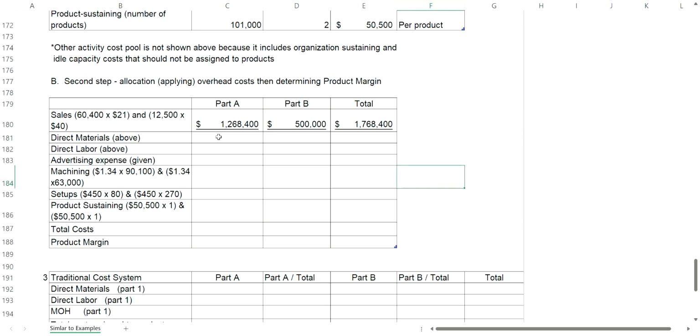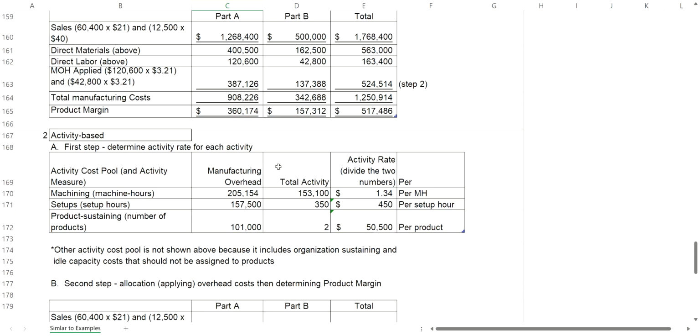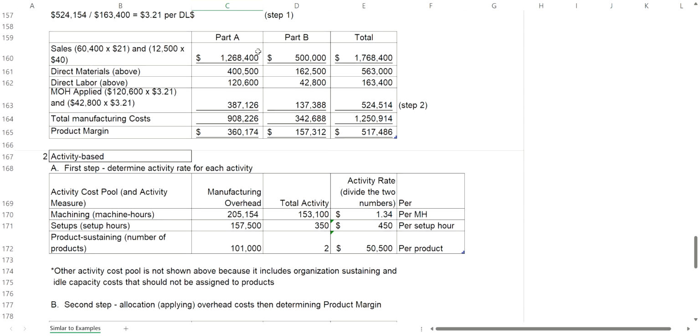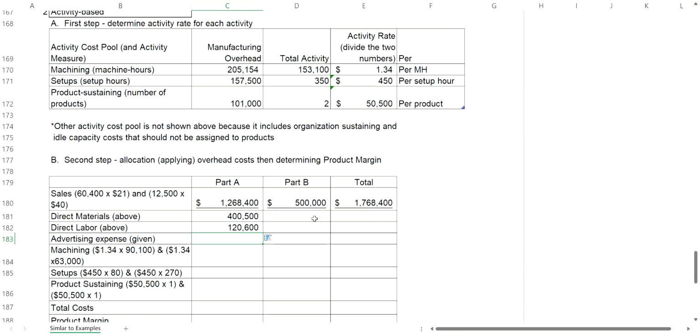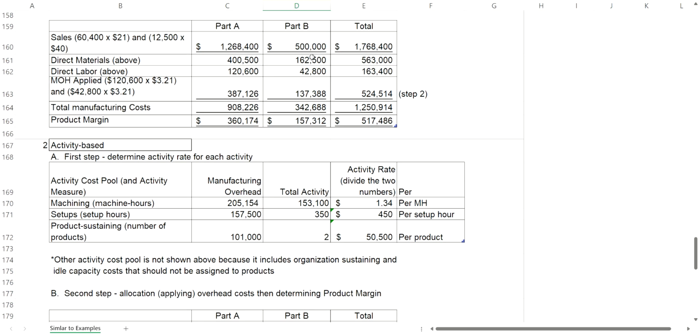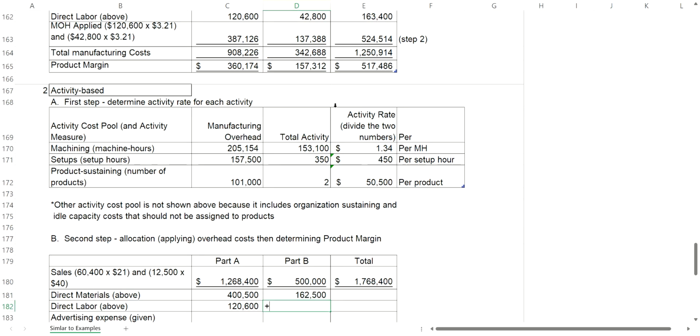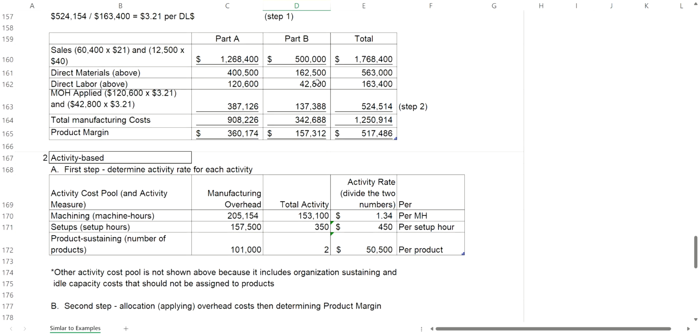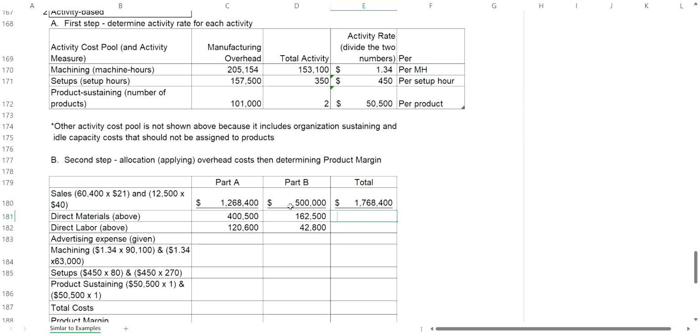Okay, continuing on, I will bring down the direct material and direct labor costs for each from above. It'll be the same as when I did the traditional. Do the same for B, materials and labor. That part doesn't change, just the amount of manufacturing overhead applied to each will possibly change.